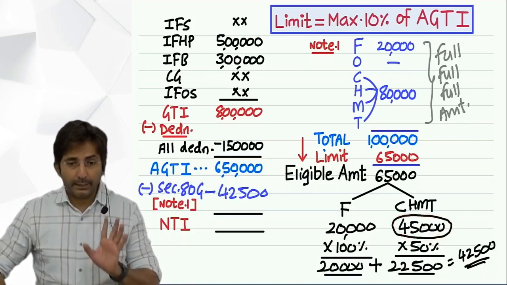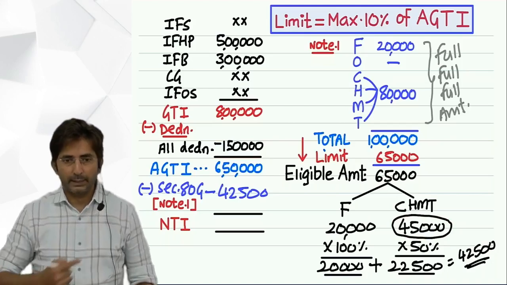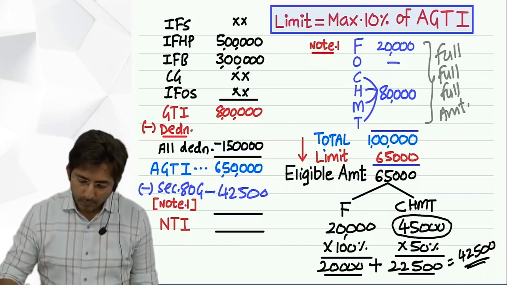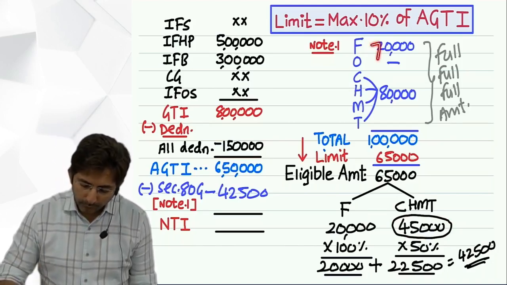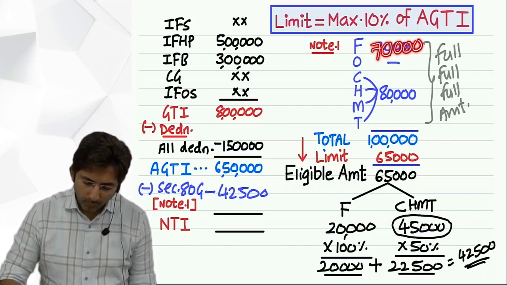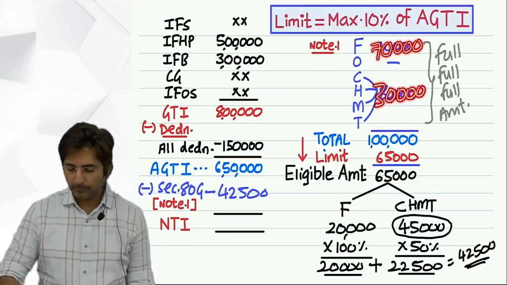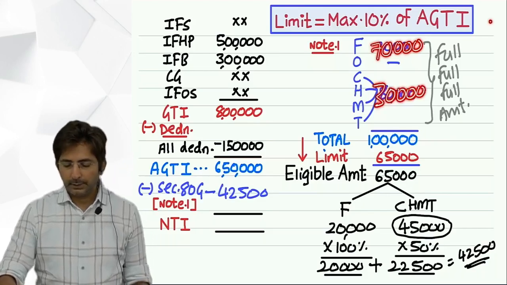Okay, try this. I am making one change. Look at the screen. What if this was 70,000 and this was 30,000? Can you see the change?